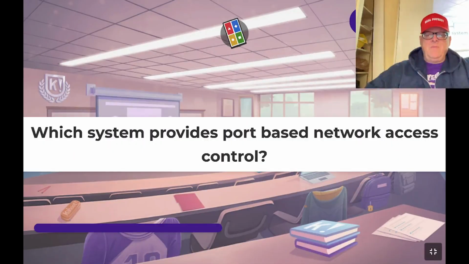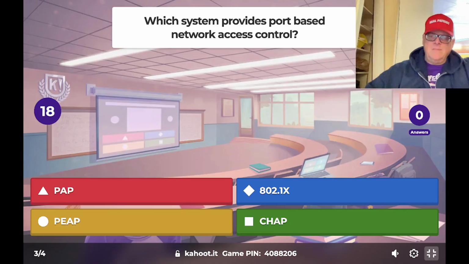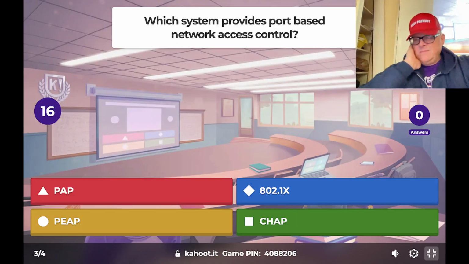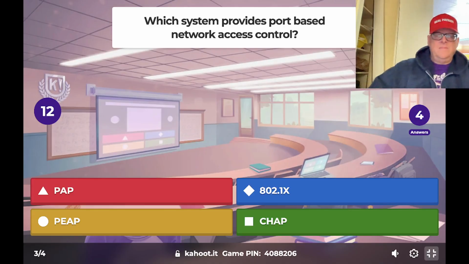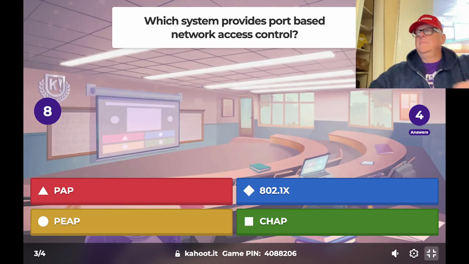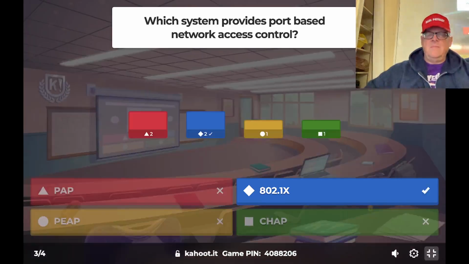All right, which one provides port-based network access control? 802.1x has that property, and this is useful.